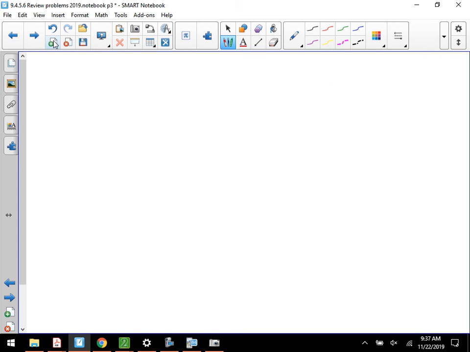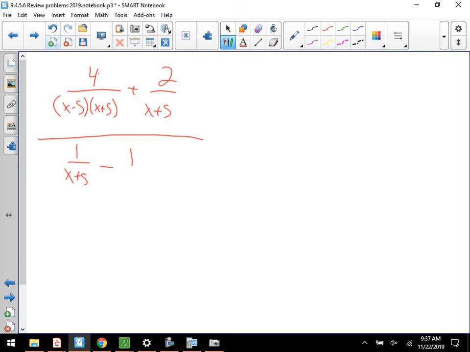All right. So, once again, I'm going to start writing it out with the factored form. Two sets of fractions, two sets of denominators. Need common denominators for both of them.